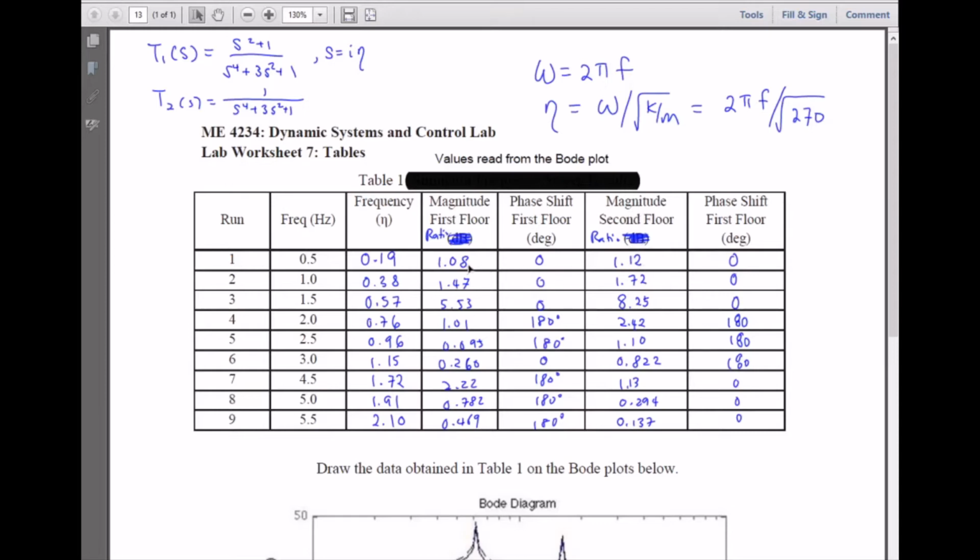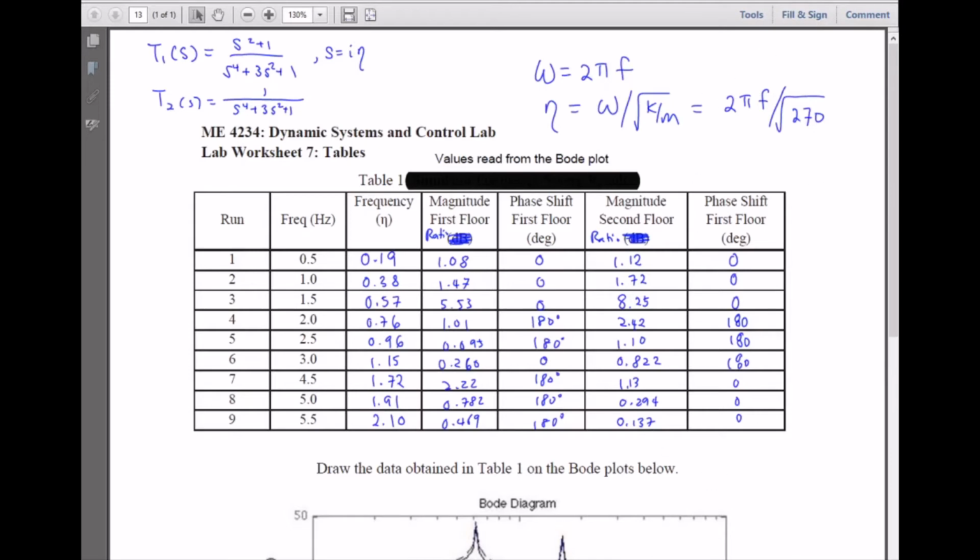What does that mean? If the base is moving plus minus 1 unit, your first floor will be moving plus minus 1.08 units, and the second floor a little more, plus minus 1.12. So these numbers are calculated for you.